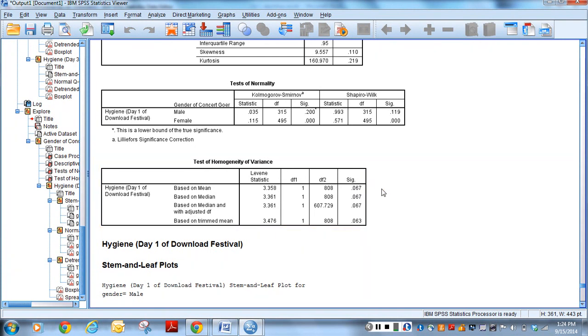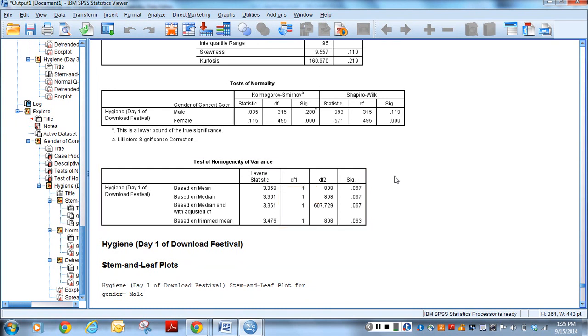Because there are no significant differences, that's a good thing. Variances are the same in both groups, so that means I can complete my t-test, for instance. I can complete my next step in order to compare those 2 groups.